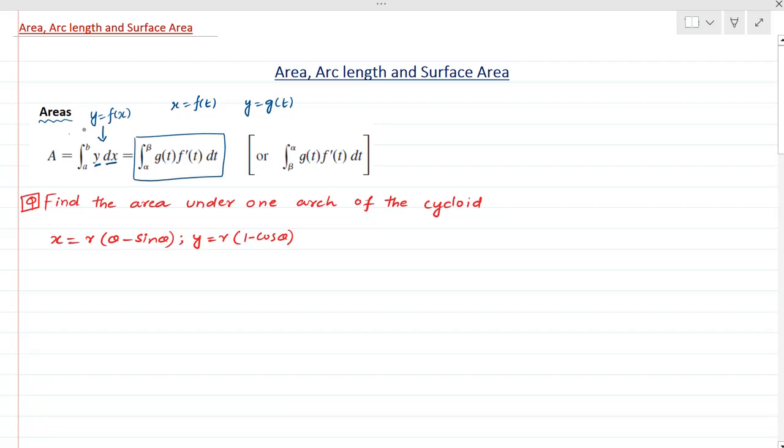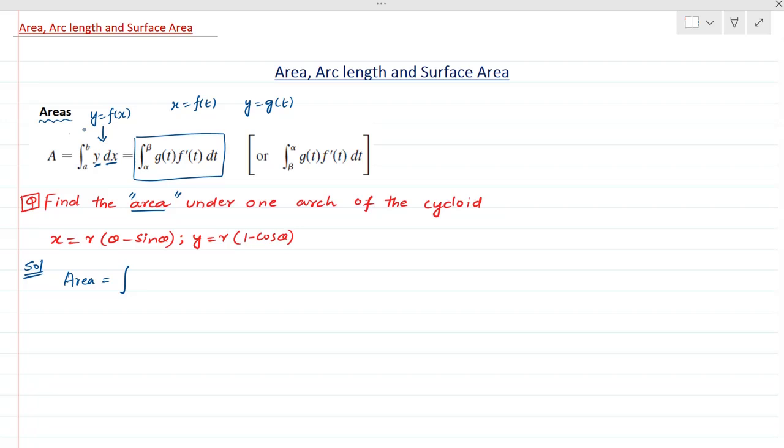So now here the area is being asked for the area of one arc. So you have to take this one as a cycloid. First of all, I write the formula. This is the area, equal to integral, the cycloid.